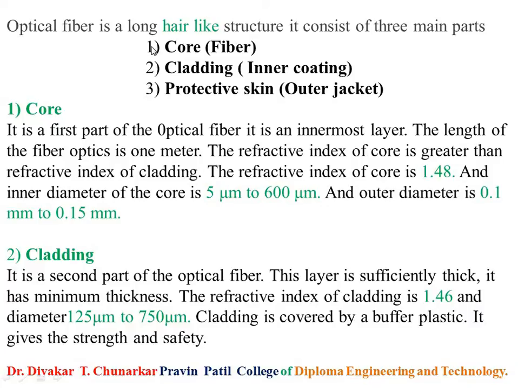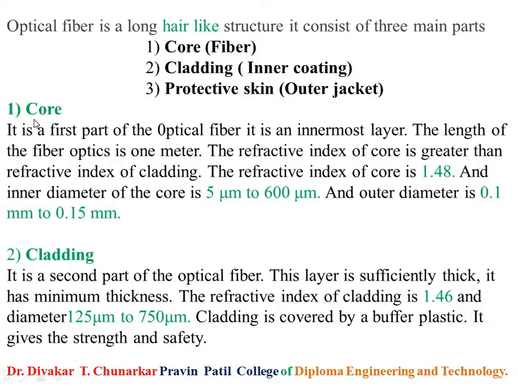Core is also known as fiber, cladding is also known as inner coating, and protective skin is also known as outer jacket. These are the three main parts of the optical fiber: core, cladding and protective skin.